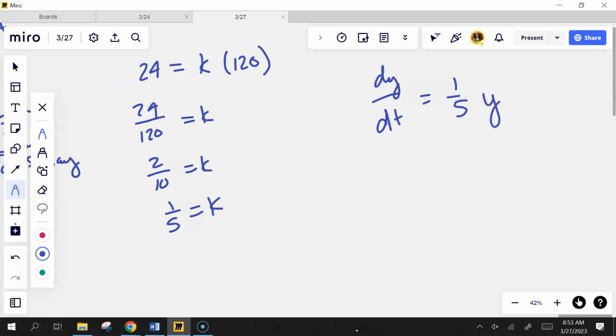Now I can do my separation of variables. So dy equals 1/5 y dt, and I move that y over here.